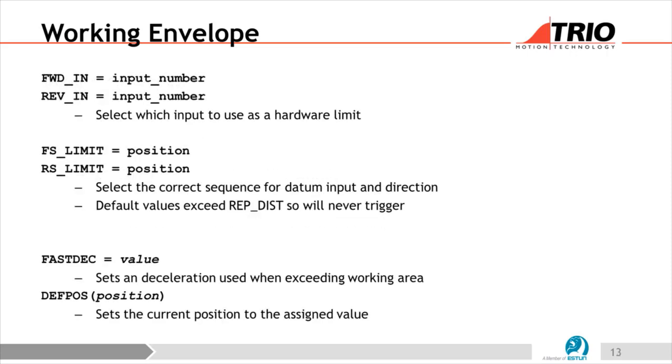To do this, you have the commands forward in and also reverse in, to select which input to be used as a hardware limit for forward and reverse. You also have forward limit and reverse limit, but these are in position. So when you track, for example, a 2 meter conveyor, you can put in the position what your limit is, or you can do it through an input switch.